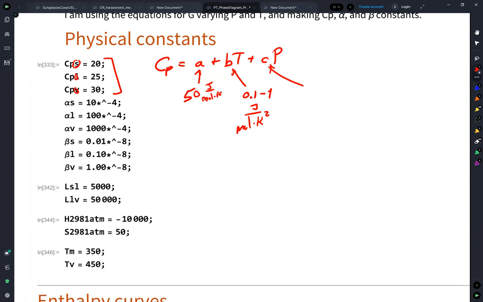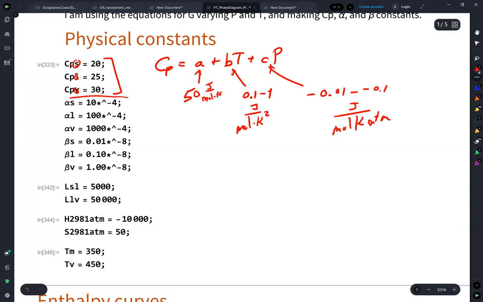So C is going to range anywhere from minus 0.01 to minus 0.1. I guess that's joule per mole per Kelvin per atmosphere. So that's joule per mole K atm. But you don't need that. Well, you do, but we'll get to that later.